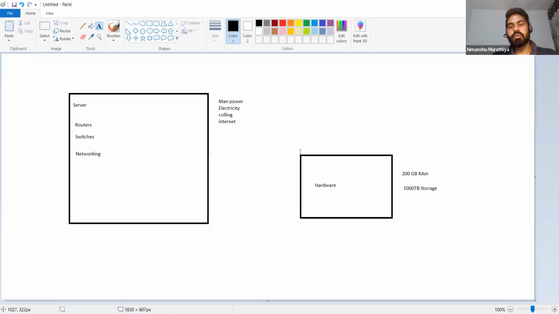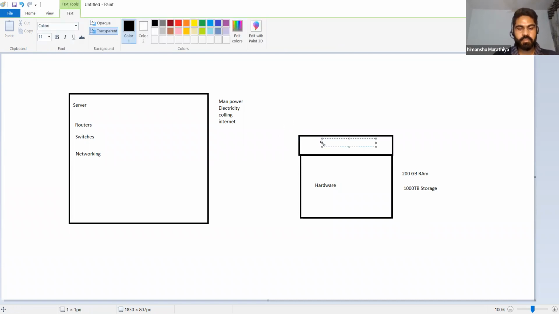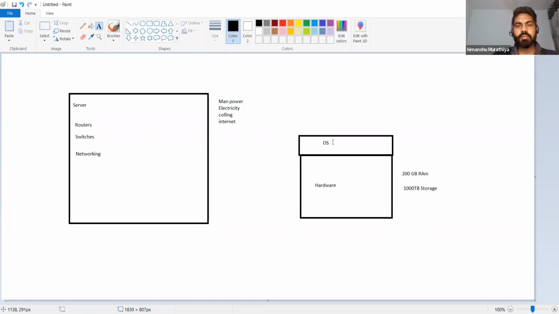And if I want to host my website here, what will be the first step? We need to install an operating system here, right? Suppose I'm installing an operating system here. And after that, we can install whatever software we require.